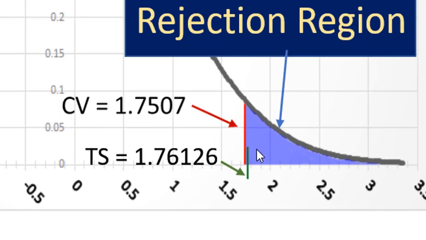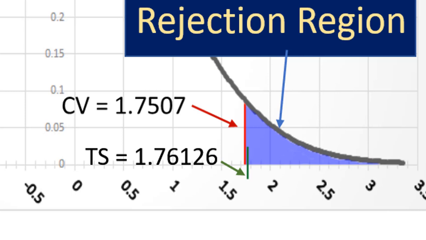Let's take a look all the way over here. My critical value is 1.7507, which is this border right here, this one in red. My test statistic is 1.76126, which is hard to see, but it's right here in green.